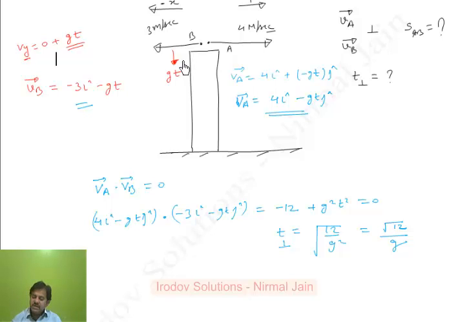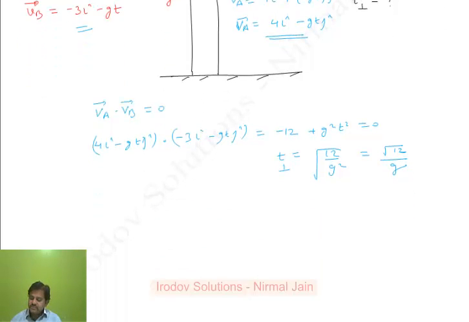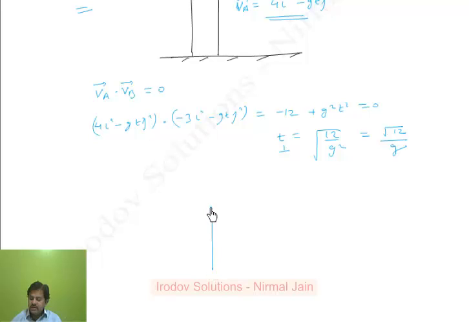Now we can easily understand that gravity is taking both particles A and B equally in the downward direction.